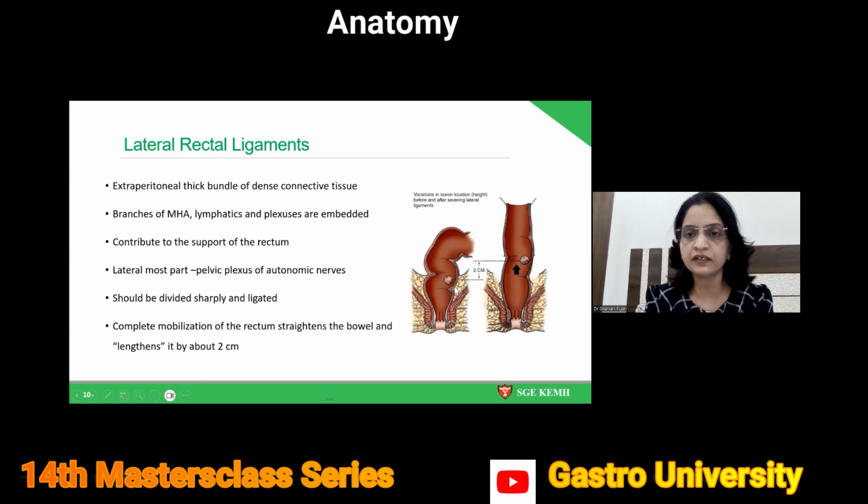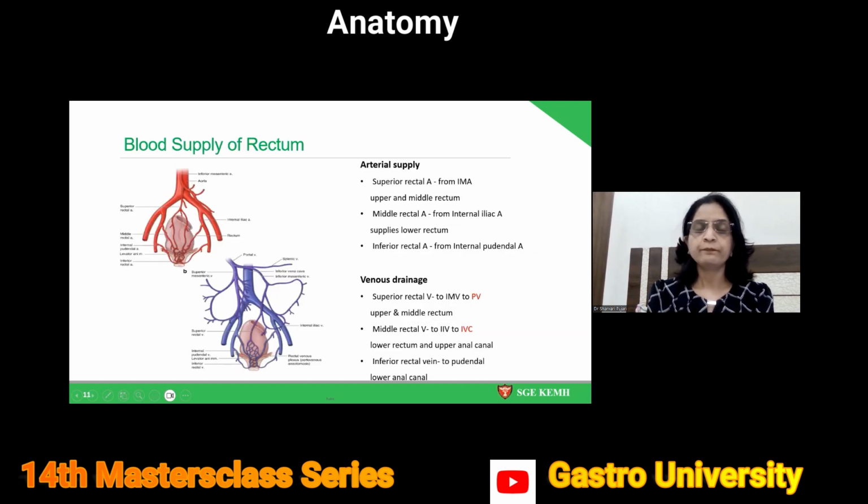So if there is a tumor situated in this crucial position where length or distal margin is an issue, then lateral rectal ligament division may shift the tumor about 2 centimeters upwards, and that much length and the distal margin can be achieved.